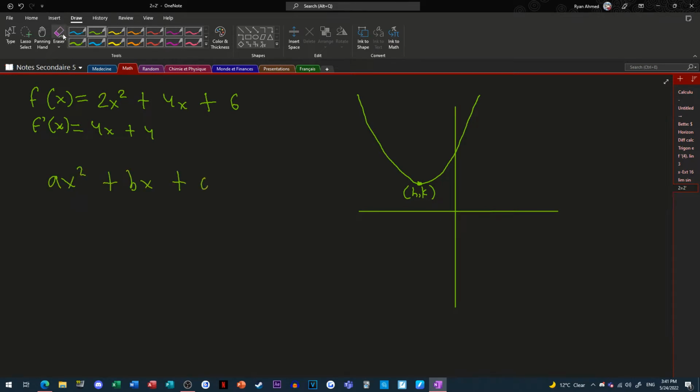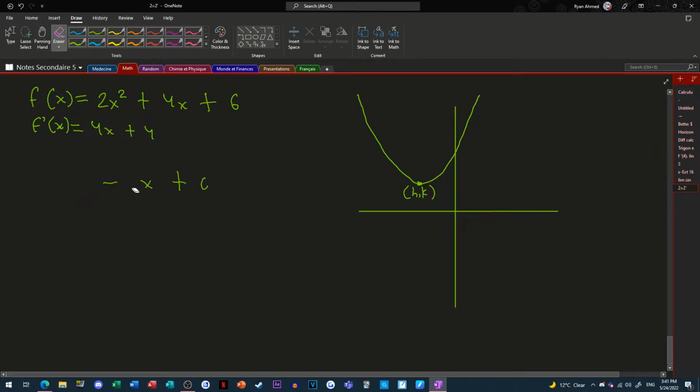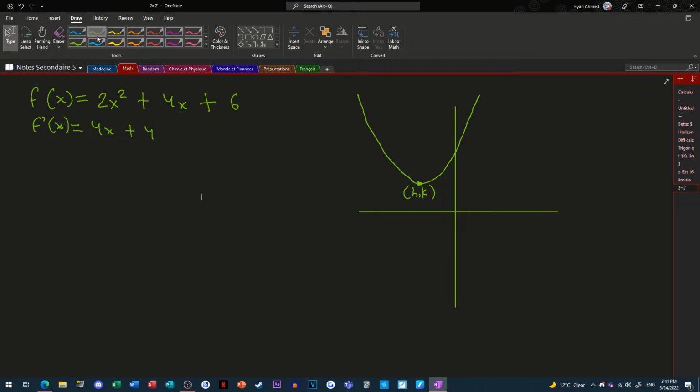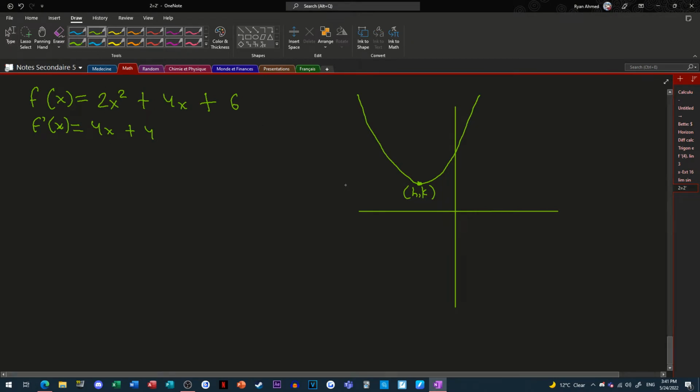You're probably familiar with that. Basically, since it's in the general form, you can find the vertex by using h is equal to minus b over 2a, and k is equal to 4ac minus b squared over 4a. So this is the algebra method of finding the vertex of the function.